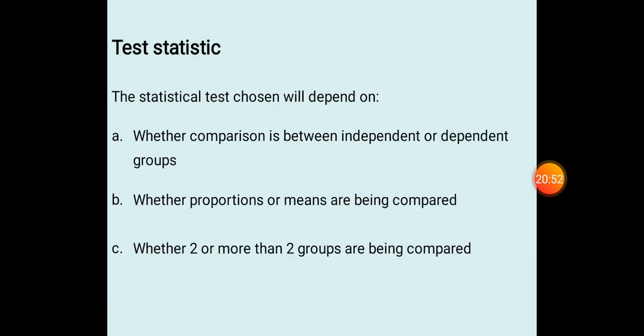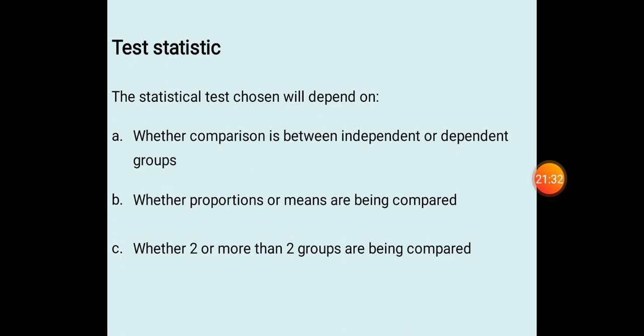There is one more term we need to know, which is the test statistic. What do we mean by test statistic? Based on this test statistic only, we will decide whether to accept or reject the null hypothesis. The statistical test chosen will depend on whether the comparison is between independent or dependent groups, whether proportions or means need to be compared, and whether two or more than two groups need to be compared.